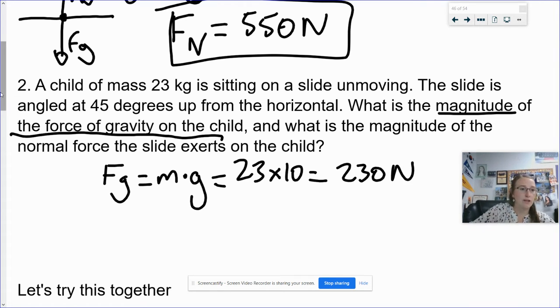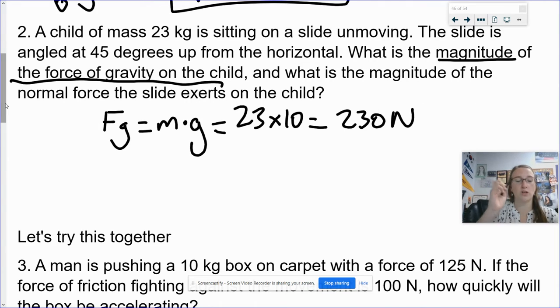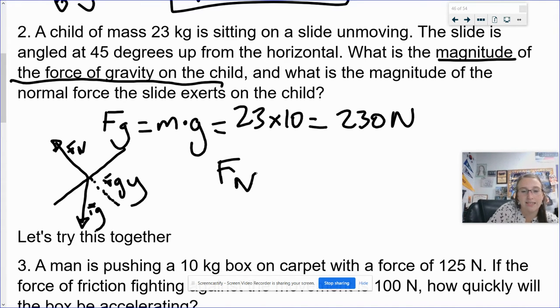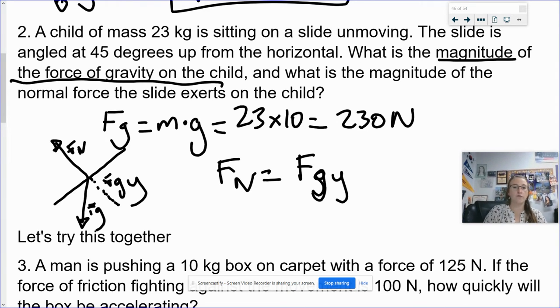Now, however, when we go to draw our force body diagram, which I really should have done first, we have a kid on a slide angled up at 45 degrees. Now, here's the normal force coming out of our surface. Here's the force of gravity. And here is the y component of gravity. That's what the normal force is. It is the y component of the force of gravity.